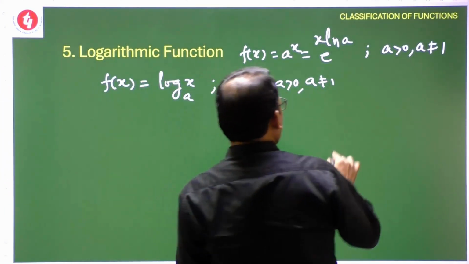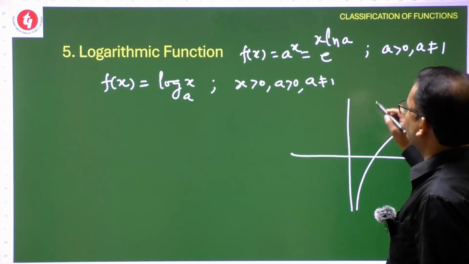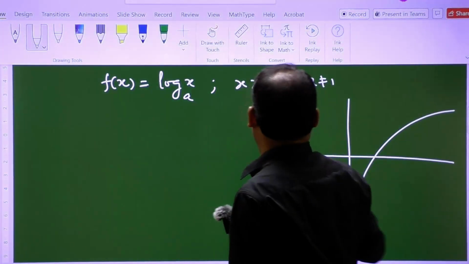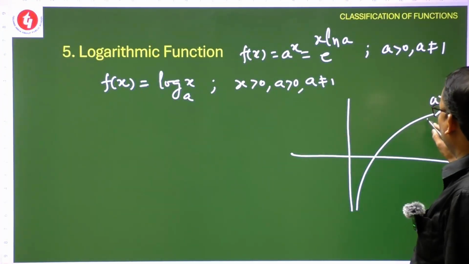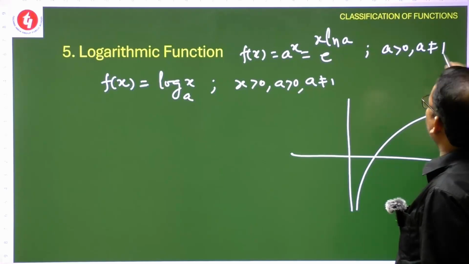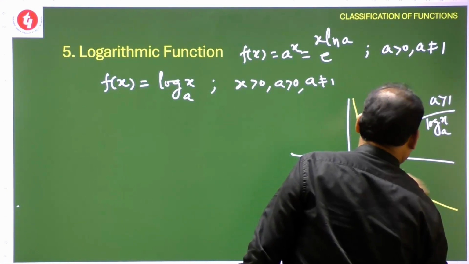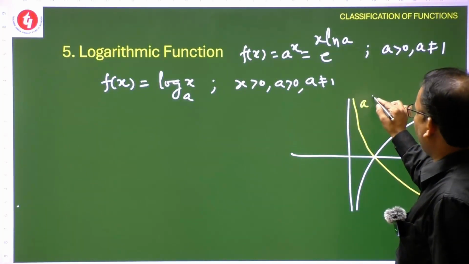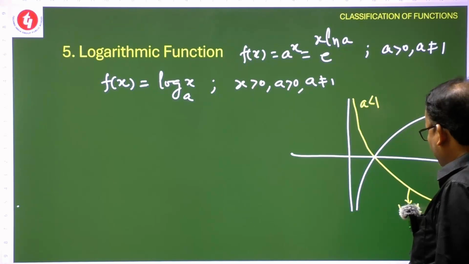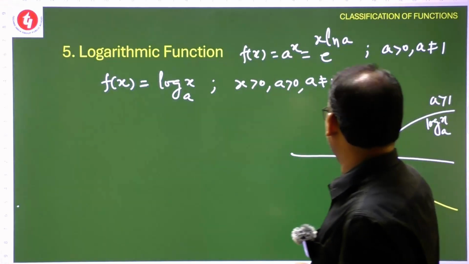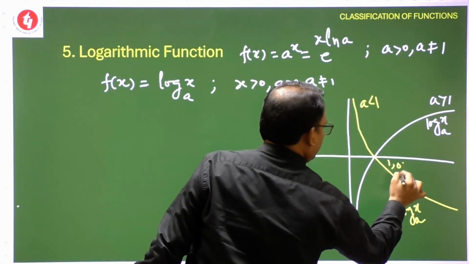Now the graph of these logarithmic functions looks like this. When a is greater than 1, you have this type of graph, log of x base a. This other one you have when a is less than 1; this curve is for log of x base a when a is less than 1. Here they intersect at the point (1, 0).